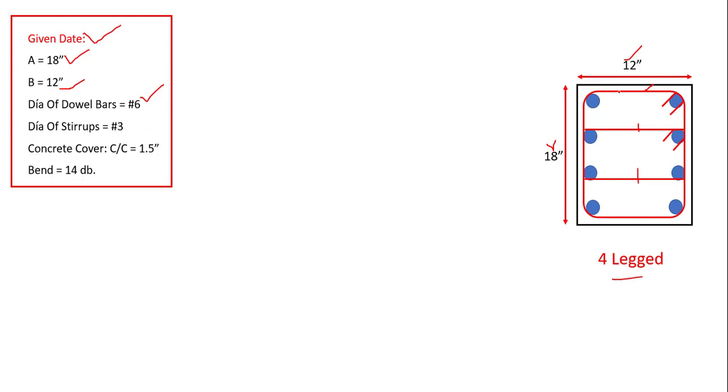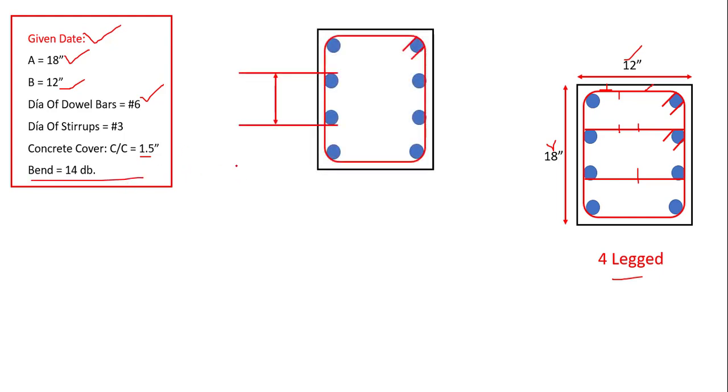The dia of stirrup that we are using for both is number 3, and if it is different then it will be mentioned on the drawing. Concrete cover is 1.5 inch, right from this position up till the external of the stirrup. And the bend we are using over here is 14 into dia of bar.